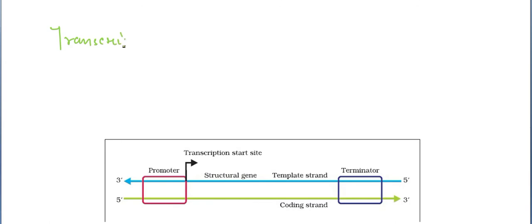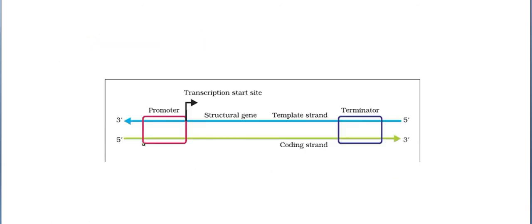Now, let us discuss the transcription unit. Here in this diagram, you will be able to see the two strands. One is the template strand and the other one is the coding strand. What is the template strand?